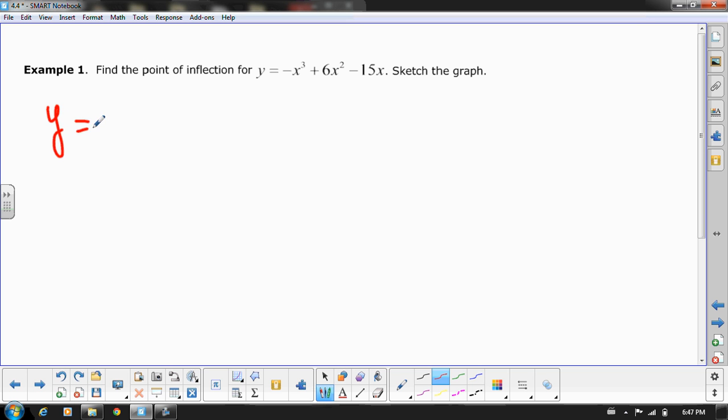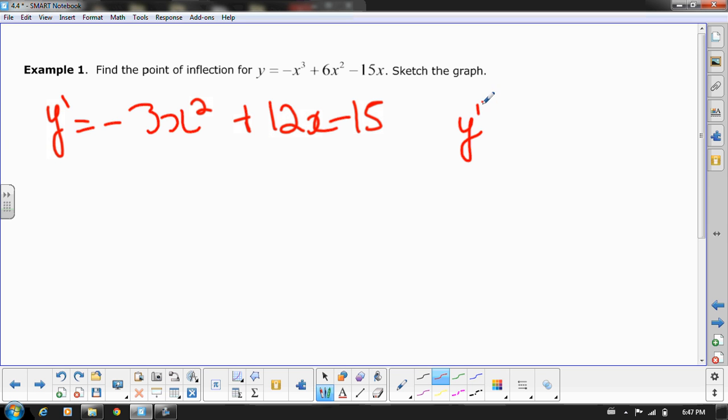Y prime is going to equal negative 3x squared plus 12x minus 15. And then over here, right next to it, I'm going to do the double prime, which is going to be negative 6x plus 12.